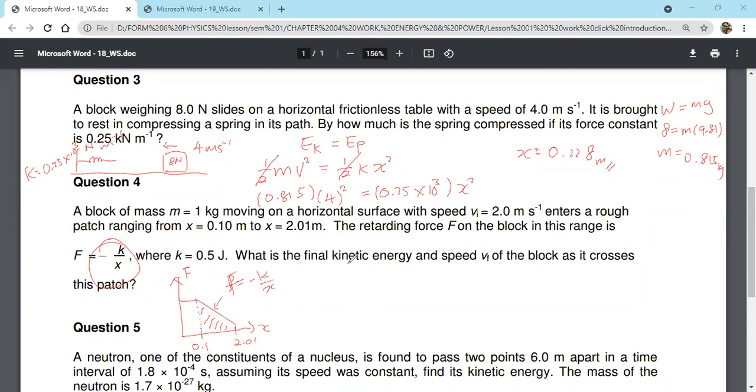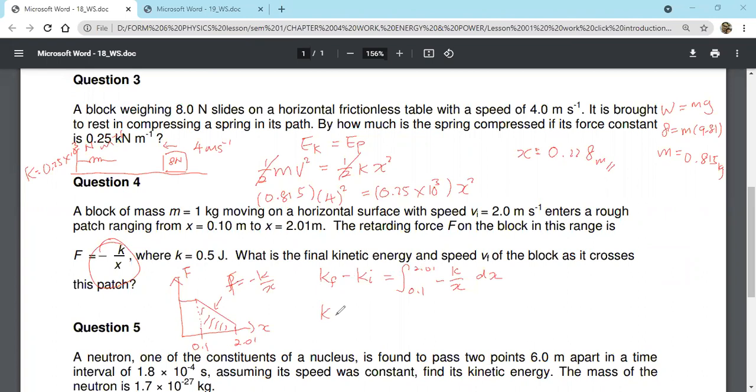So the change in the kinetic energy, the final kinetic energy minus the initial kinetic energy, will be equal to the area under the graph. That means we find the integration from 0.1 to 2.01 of the formula negative k over x dx. So we need the integration of 1 over x.